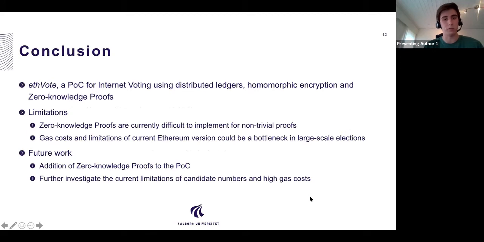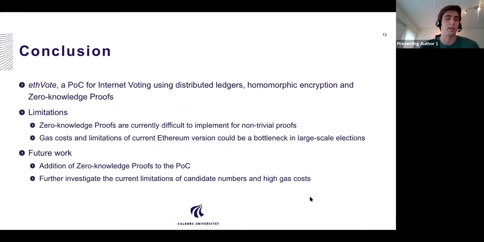So finally, what we presented in this paper is a proof of concept for internet voting using distributed ledgers, homomorphic encryption, and zero knowledge proofs. It has some limitations, such as the implementation of zero knowledge proofs that we weren't able to do, and the aforementioned gas costs and limitations of the current Ethereum network.